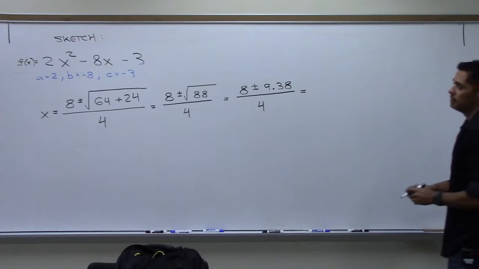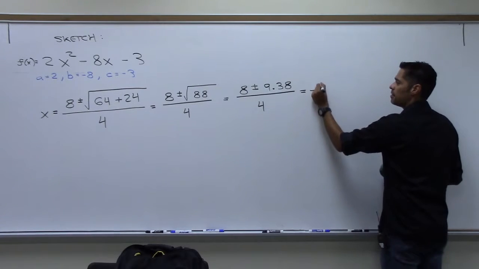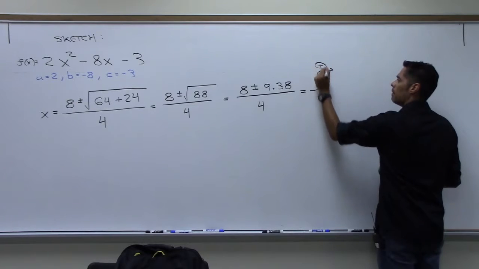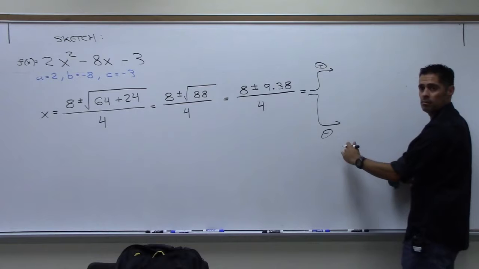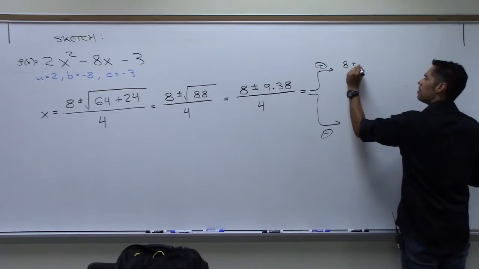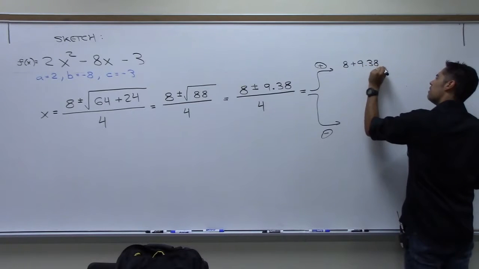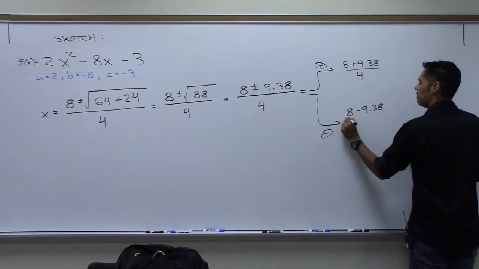All right. This is where I did this step right here. Remember this? I'm going to look at the plus and the minus now. Get my 2 answers. I do 8 plus 9.38 divided by 4. 8 minus 9.38 divided by 4.